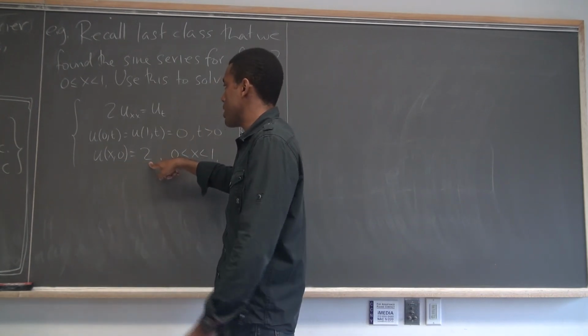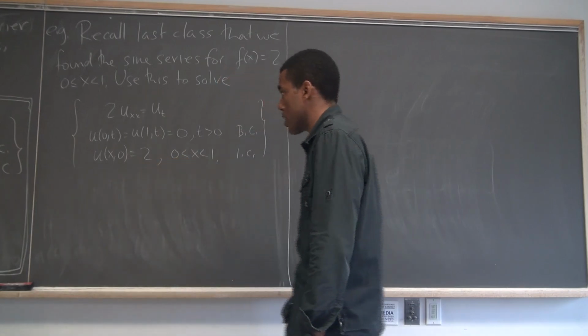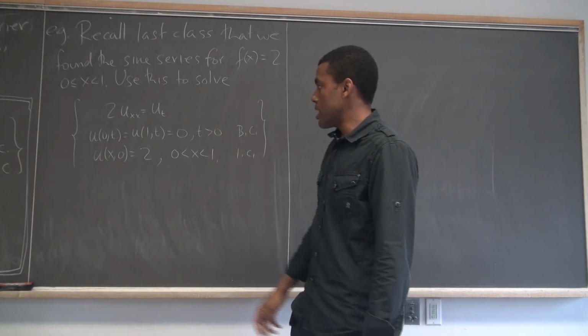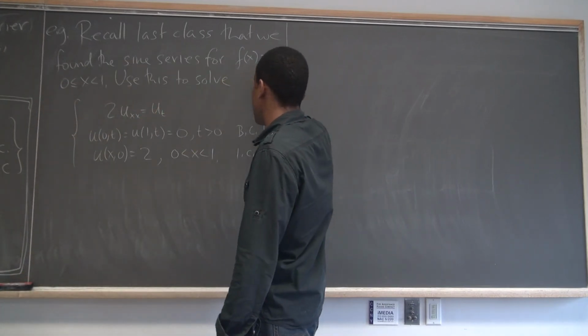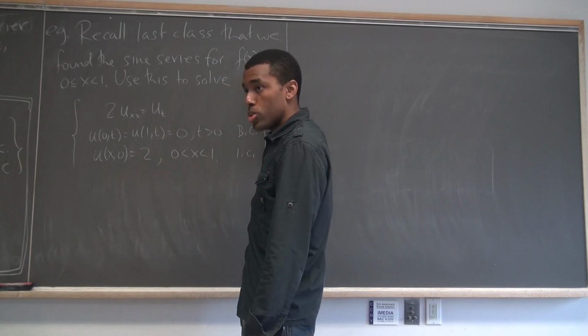How is the heat diffusion going to run throughout the bar as time goes on, if the ends are insulated? You'll have to find the Fourier sine series coefficients to solve it, but we actually did this last time, because our f of x is just 2, which we've found before.